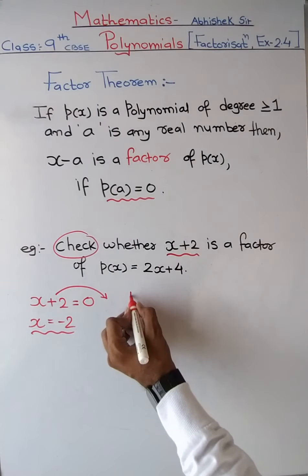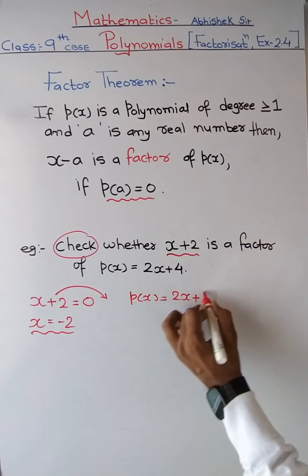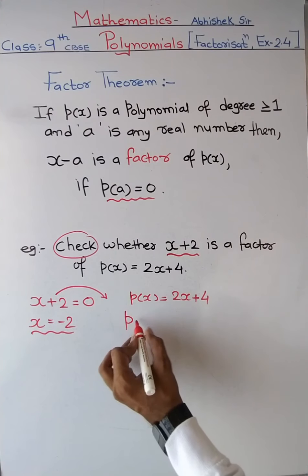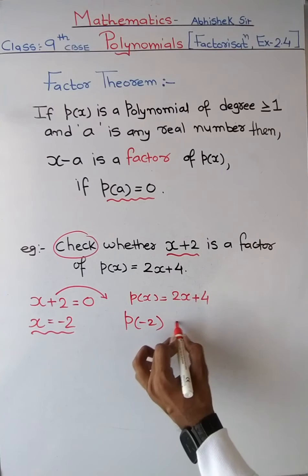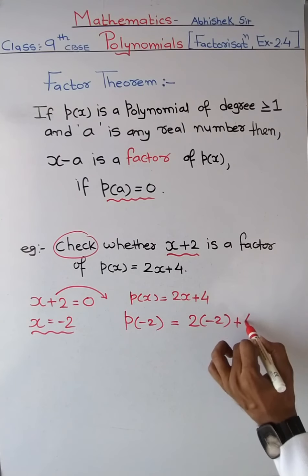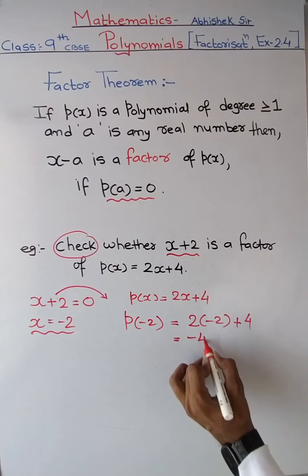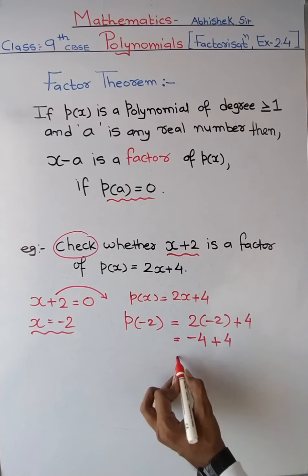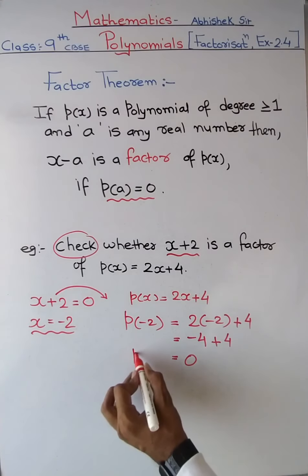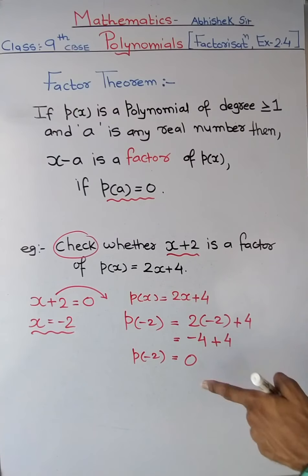That means here it was p of x, 2x plus 4. Now we will put p of a, that means p of minus 2. So it is 2 into minus 2 plus 4. Now what next? 2 into minus 2 is minus 4 plus 4. And final answer is 0. Now this is the condition which we wanted to prove.